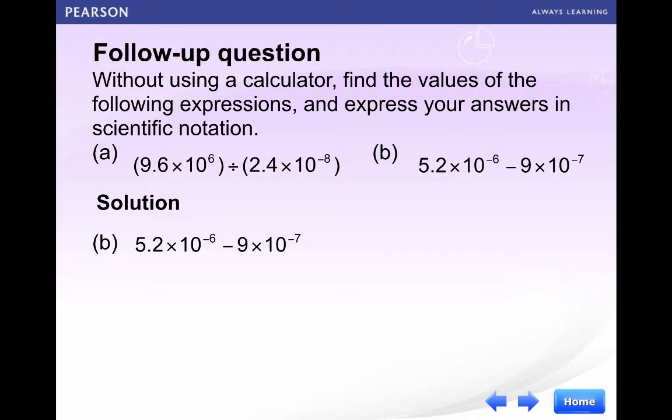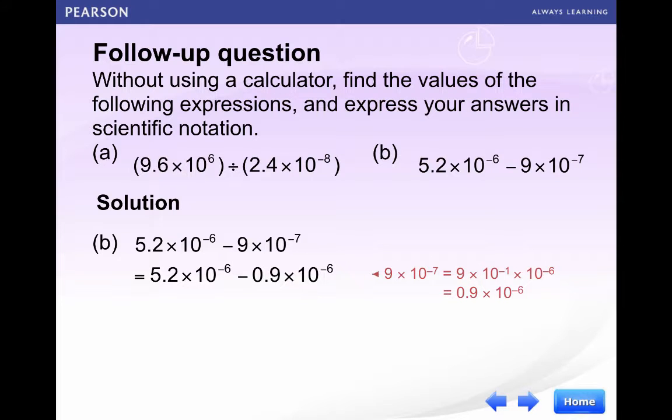For part B, this is a minus, so we change the last term into 0.9 times 10 to the power negative 6. And 5.2 minus 0.9, with 10 to the power negative 6 as the common factor, so we do it like this.